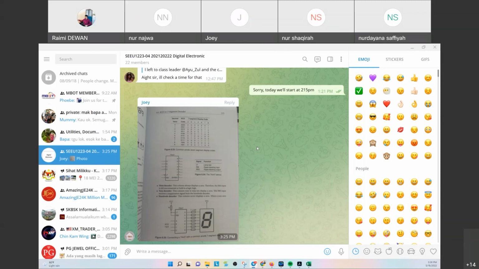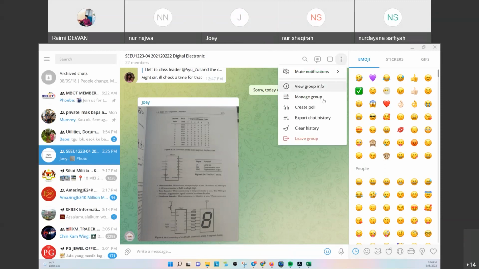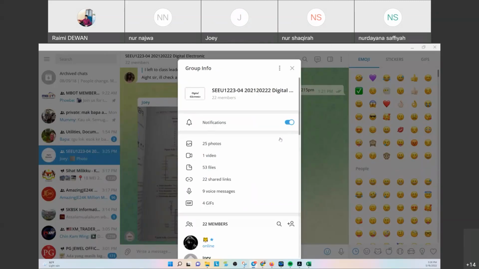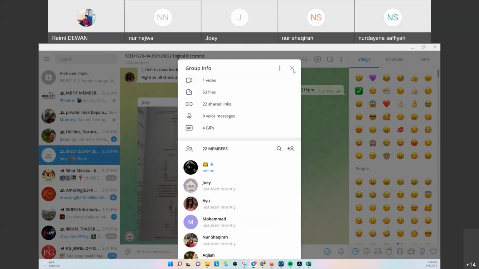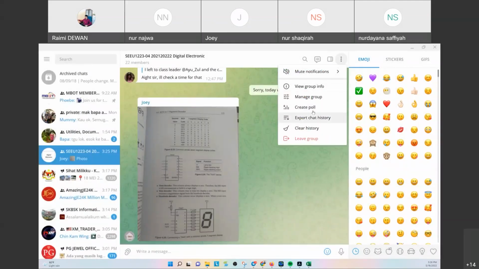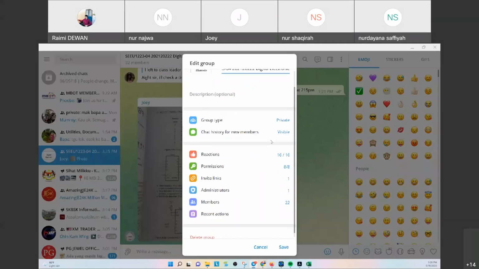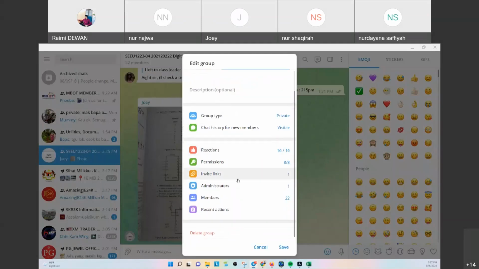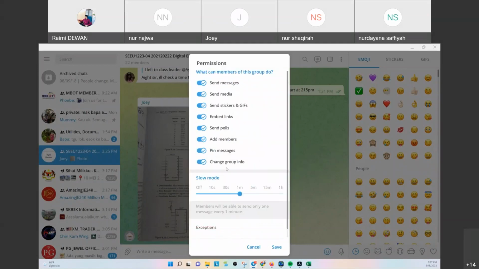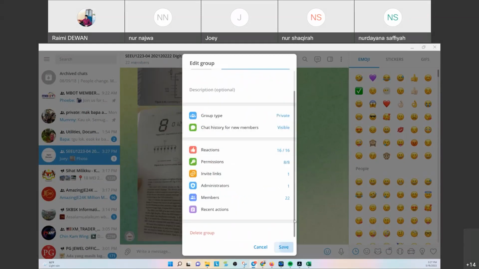Wait, it's okay. Restricted. Is there anything? Wait, I check. Maybe some setting. Yeah, it shows slow mode. Oh, okay. Sorry, I didn't know this was the setting.